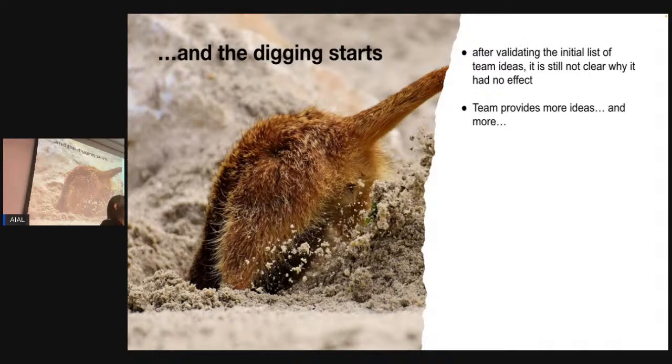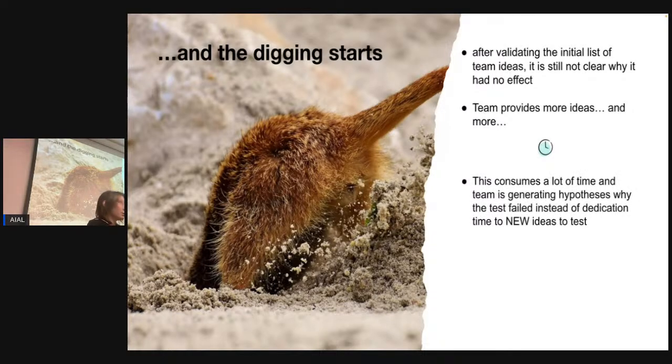But the team has a lot of ideas. They are also quite committed to the test. They don't want to see their time wasted. So this process might consume a lot of time, and this time could be better allocated to testing new ideas instead of being in denial and looking for some rudimentary value in the test.